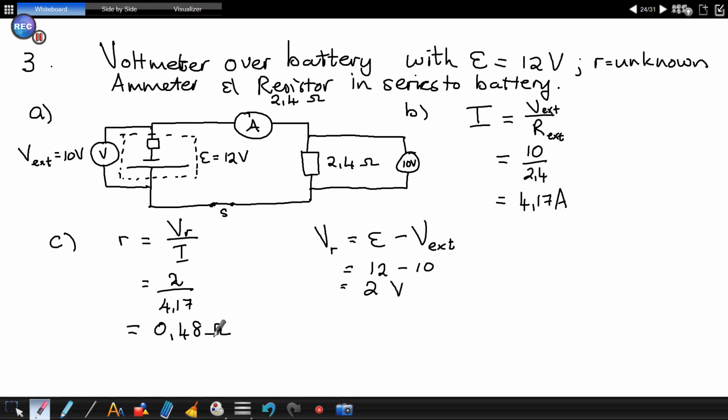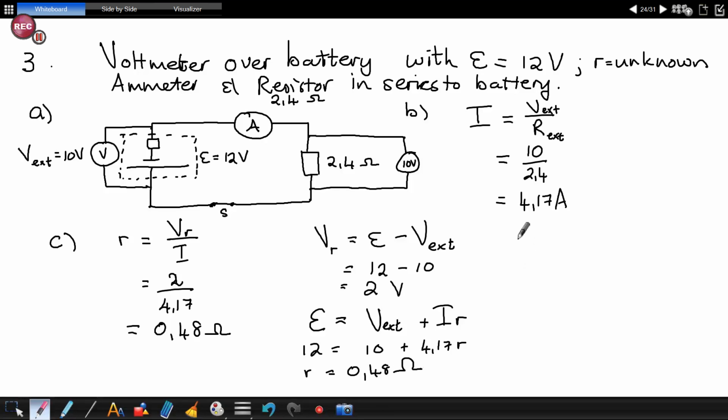So technically we are using E equals V external plus I times r. That's technically what we are using. Okay, so that is 12, that is 10, this is 4.17, and r is the value that we need to calculate. r is 0.48 ohm.